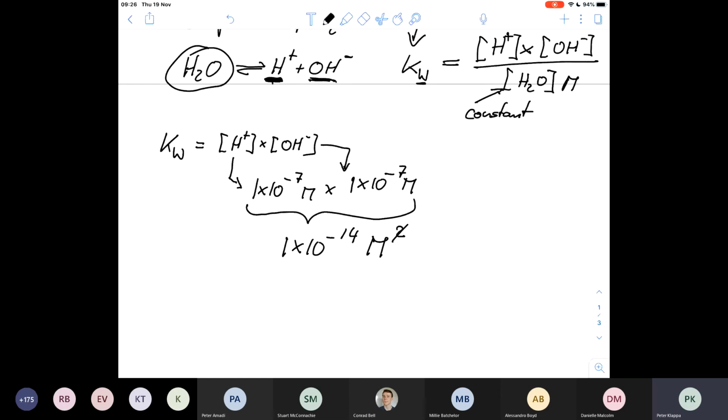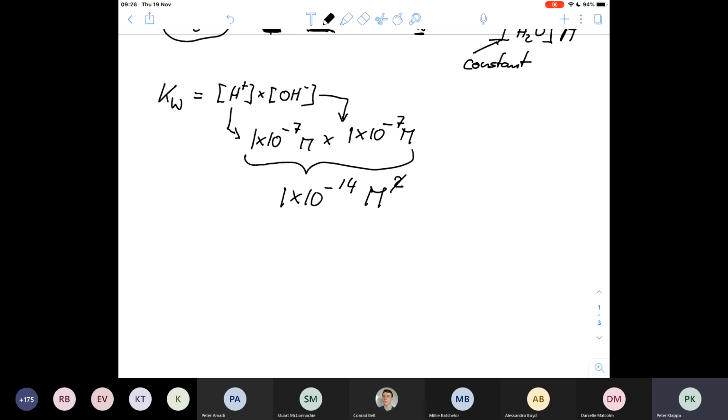But it doesn't matter, because what we usually do is we are not too bothered about this Kw. Instead, we take the negative logarithm of the Kw value, and then the units are not considered anymore.